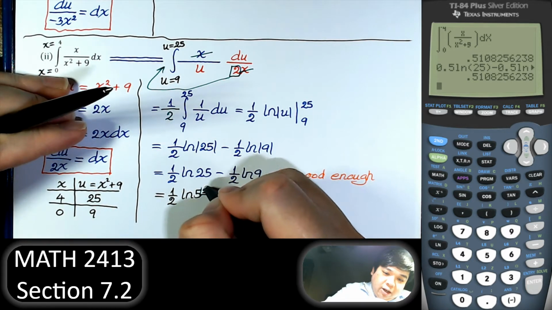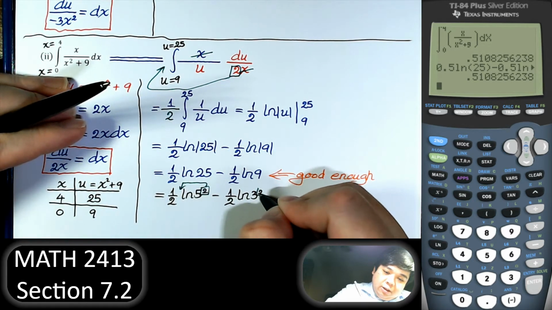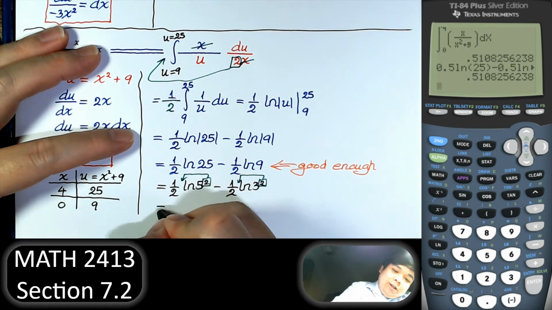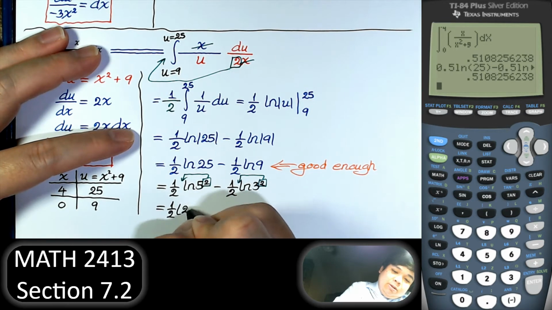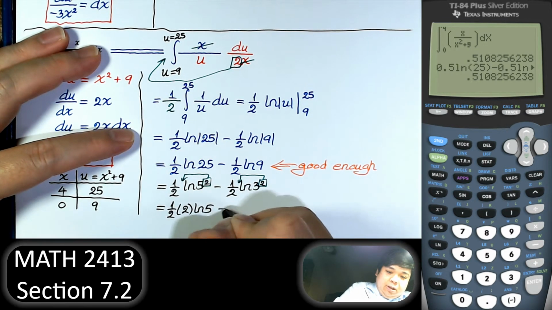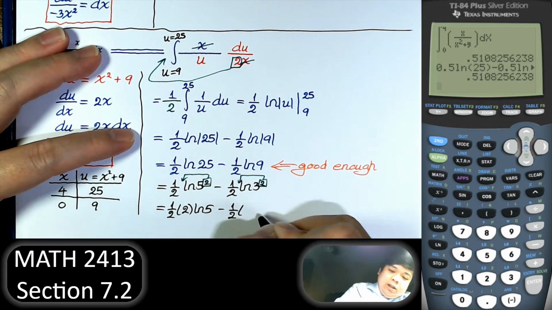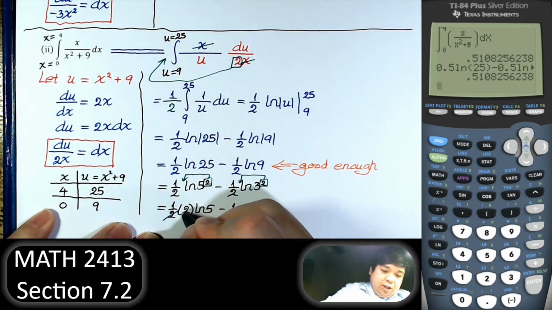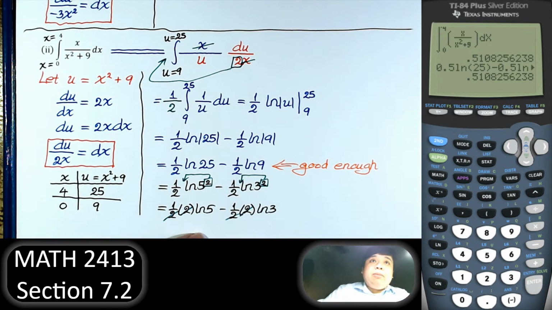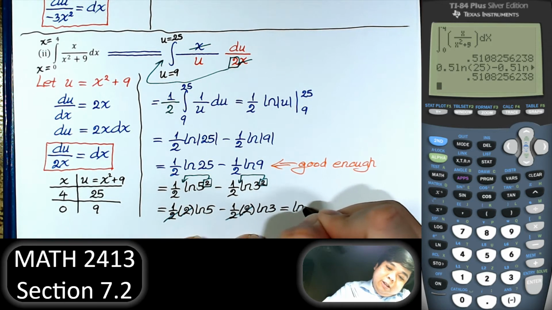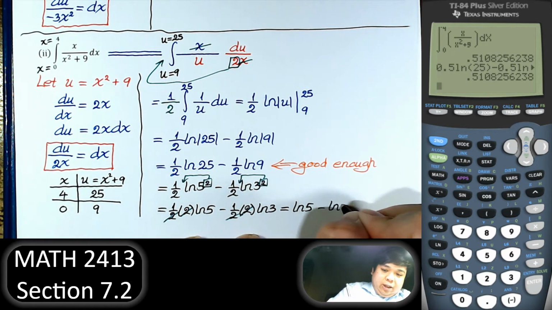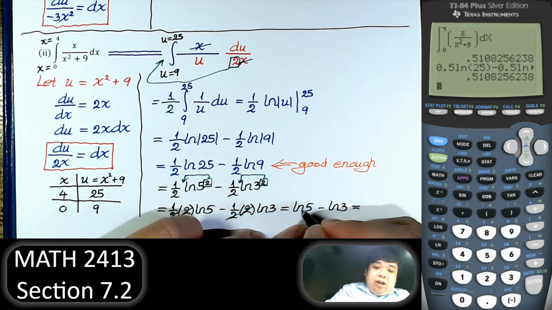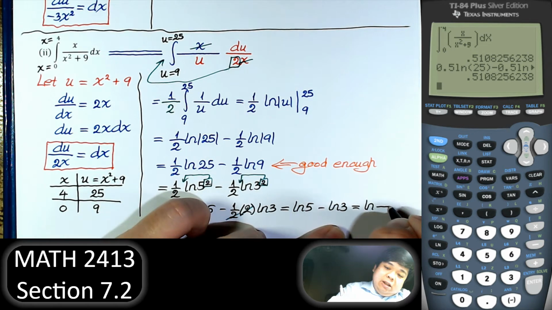Take the power outside. One half times 2 ln of 5 minus 1/2 times 2 ln of 3. The 2s cancel out. ln of 5 minus ln of 3. And the difference of the ln, we can write that as ln of 5 over 3.